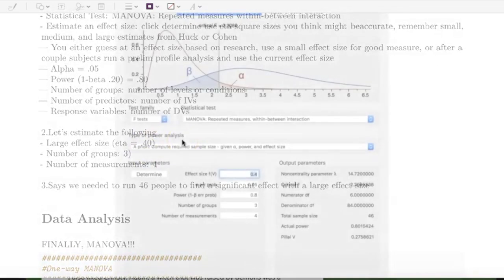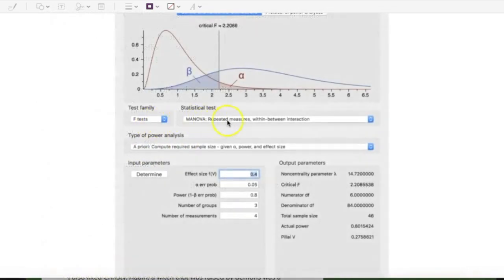It's 0.40, so that it doesn't ask for a really large data set. So here's what it would look like. It's the F-test family, MANOVA repeated measures. A priori, our effect size was 0.40, alpha 0.05, power 0.80. The number of groups is 3: belly dancers, administrators, and politicians. The number of measurements is 4.